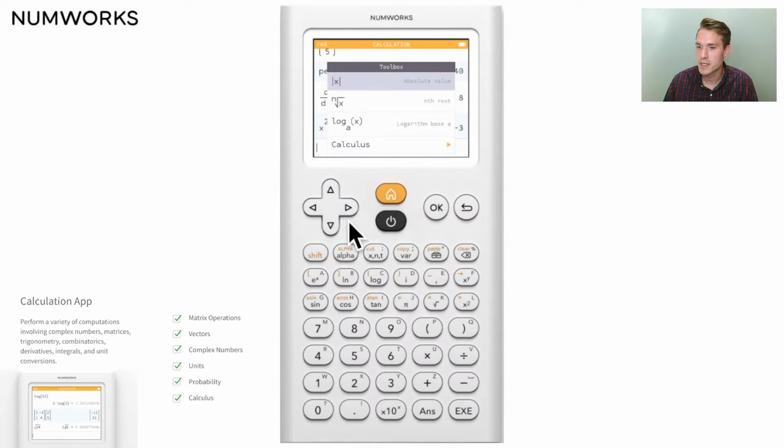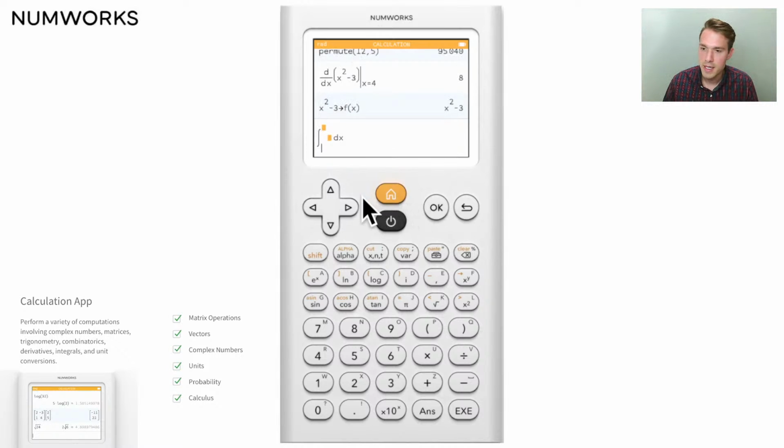In the calculus menu of the toolbox, let's take the integral. Let's do the integral from 0 to 4.